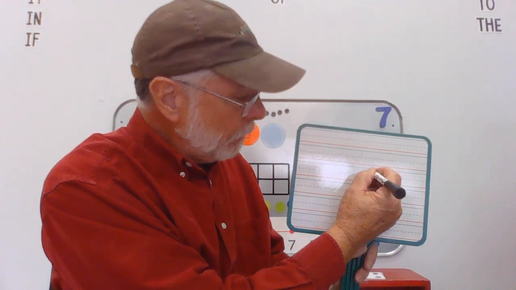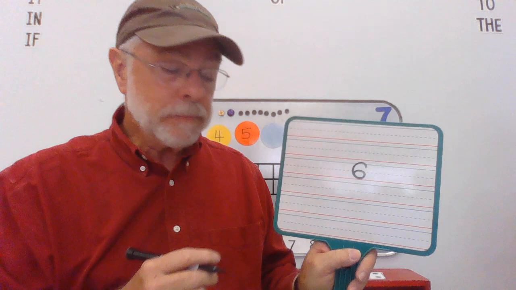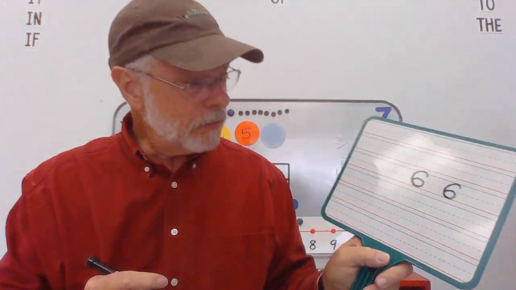So let's start at the top. And we go around, make a loop. There's your number 6 right there. It takes a little practice. Start at the top, come around to the bottom, back to the middle, loop. There's your number 6 right there.